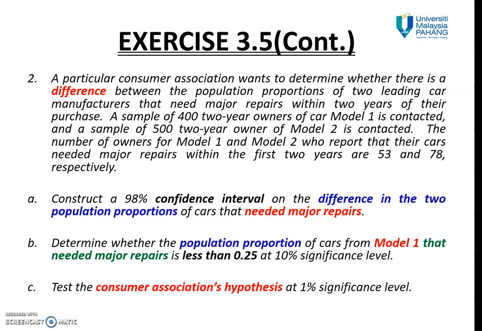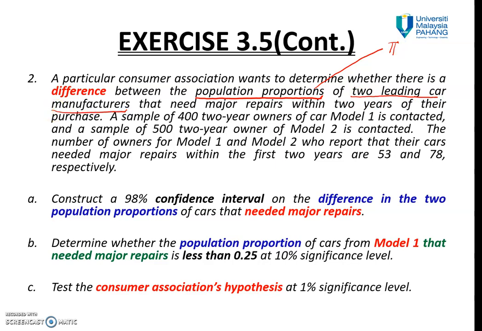A particular consumer association wants to determine whether there is a difference between the population proportion. You look here, clearly seen population proportion, so you will have pi, isn't it? Of two leading car manufacturers.